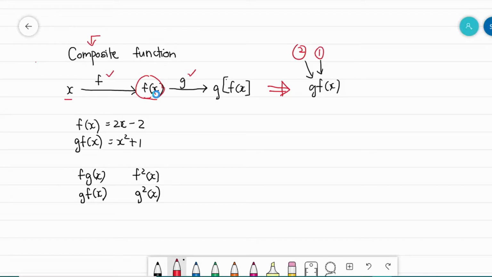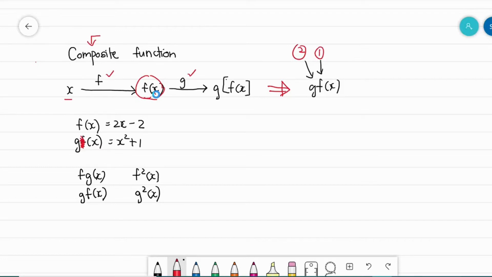Next, you are required to know how to combine the functions. For example, in this case, you have f(x) equals 2x minus 2, and g(x) equals x squared plus 1.